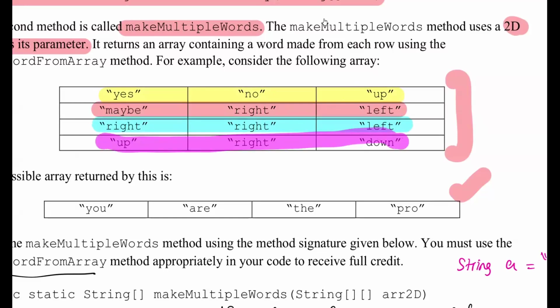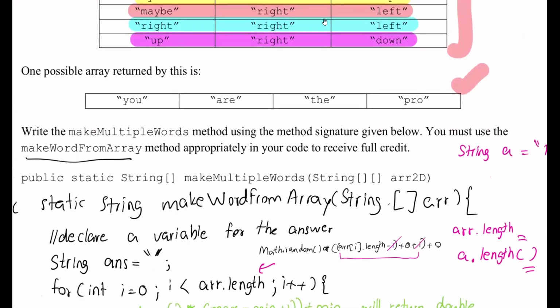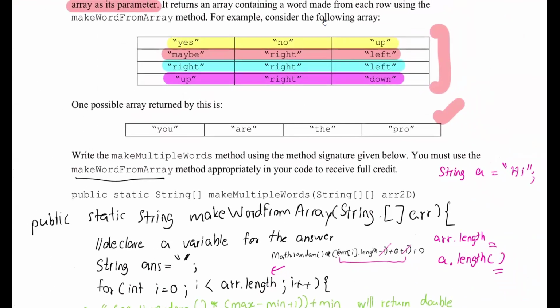So we can loop through it in a single loop, and we can call the previous method that we just wrote, put the result into the array, and then return that array. Sounds good?